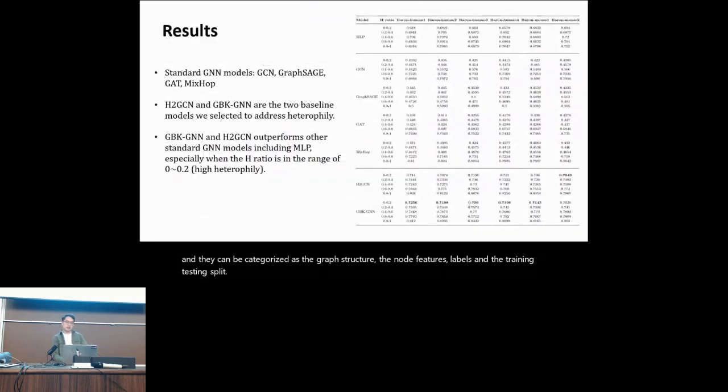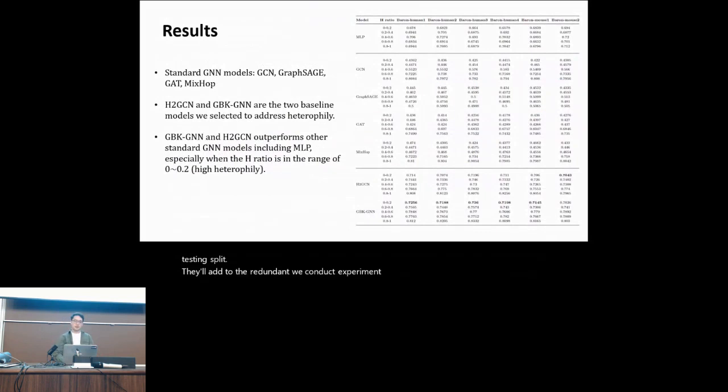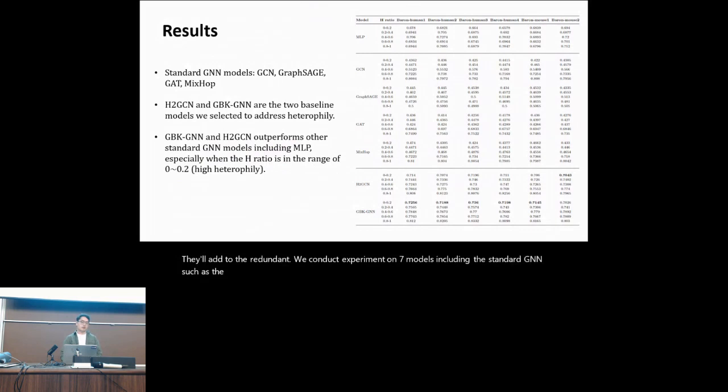As to the result, we conducted experiments on 7 models, including the standard GNNs, such as GCN, GraphSAGE, GAT, and MixHop, and 2 extra baseline models which are addressing the heterophily, H2GCN and GBK-GNN.